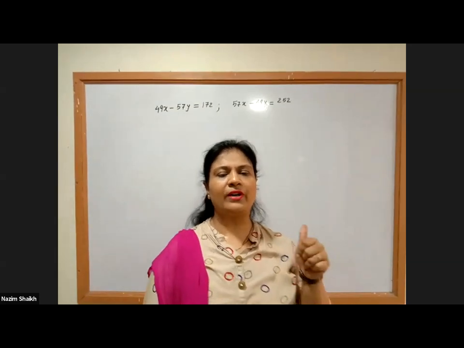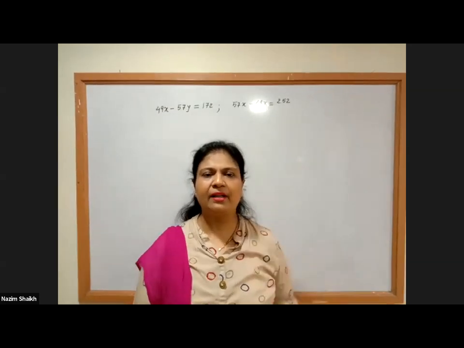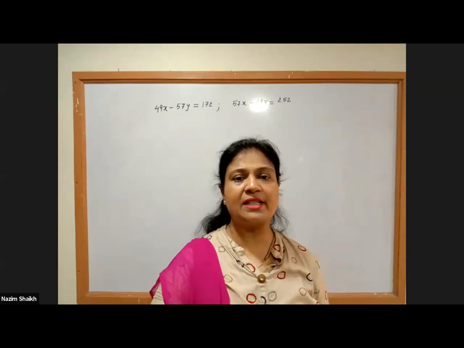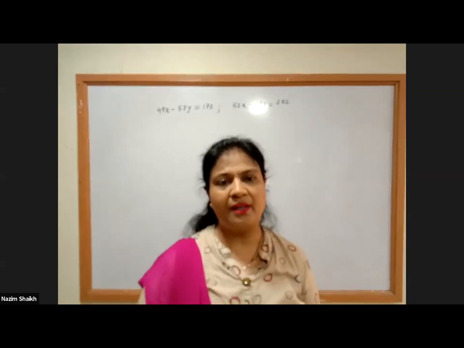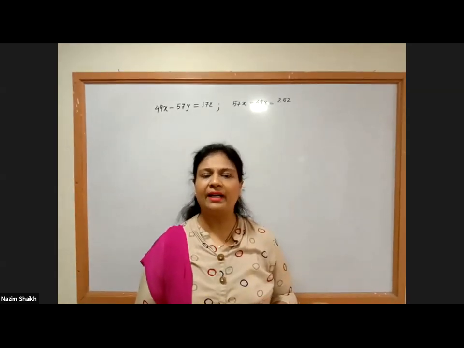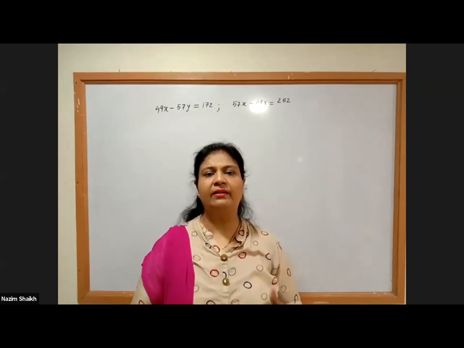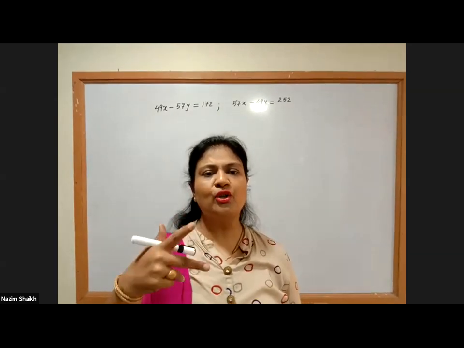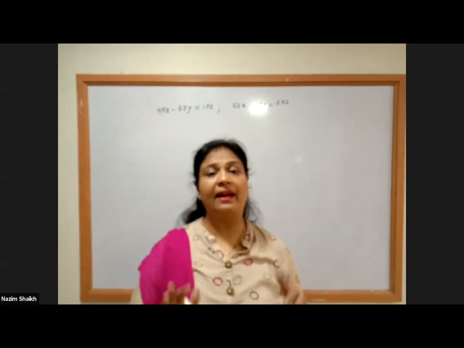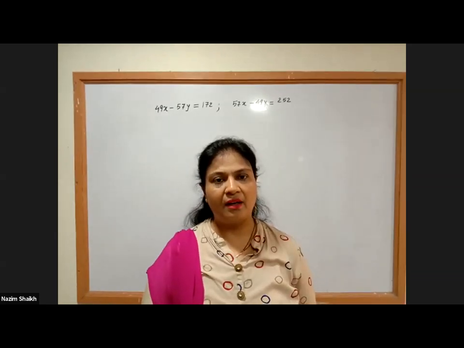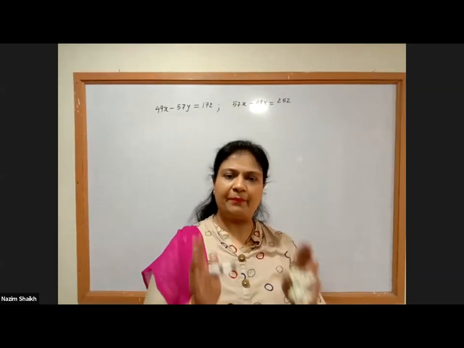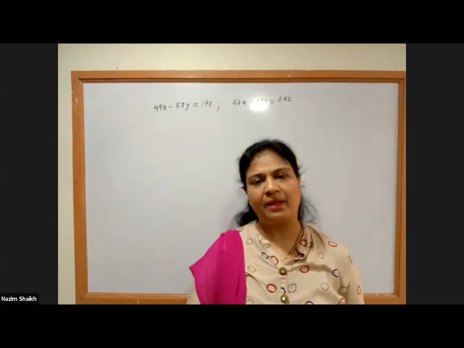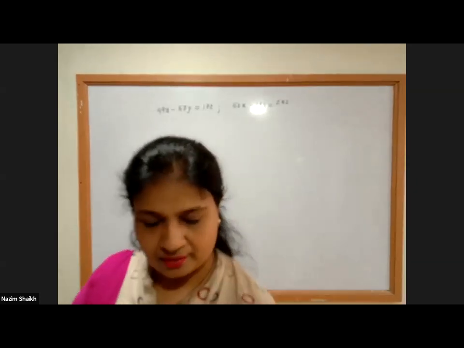I told you the first step is adding the equations. You will get an equation in the form of x plus y. Then again subtracting the same equations, you'll get another equation. And these two new equations, what do you have to do with them? Add. Exactly the same pattern. You try. I'll give you 1 minute. You will do it. Go on.